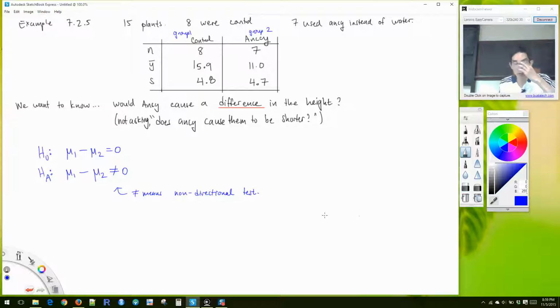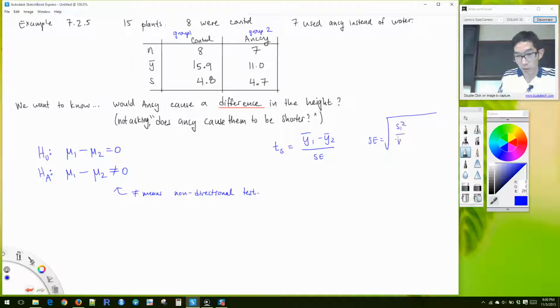So we're going to calculate our test statistic and then use this to get a p-value. Our test statistic will be y bar 1 minus y bar 2 over our standard error. And our standard error is the square root of s1 squared over n1 plus s2 squared over n2.